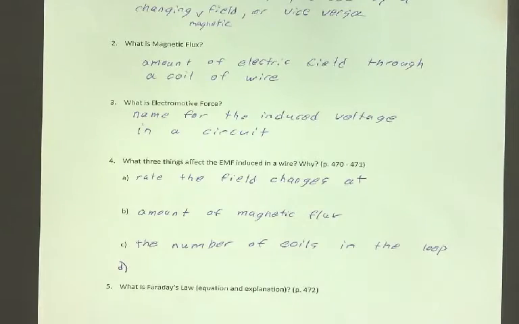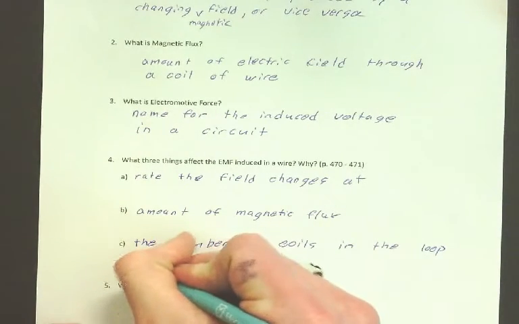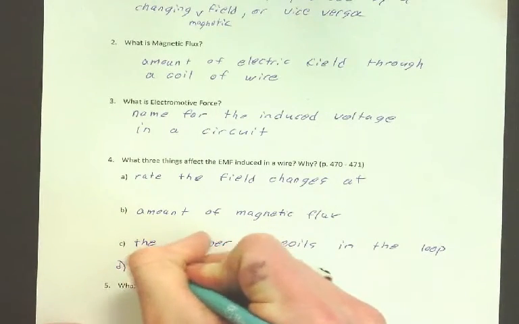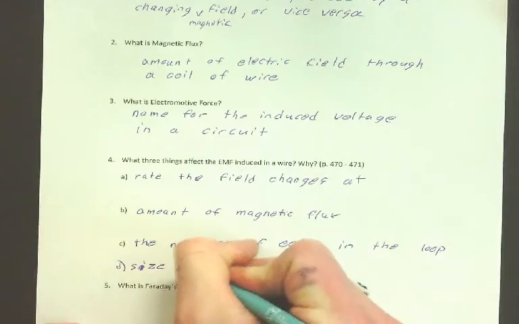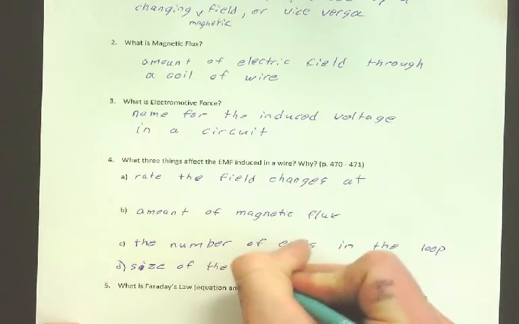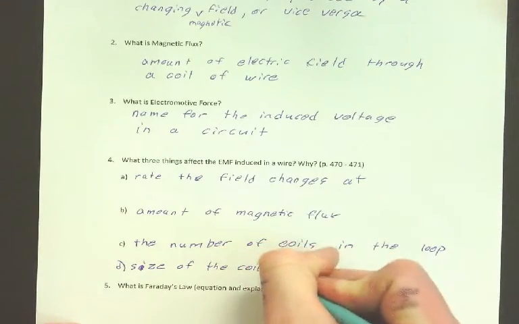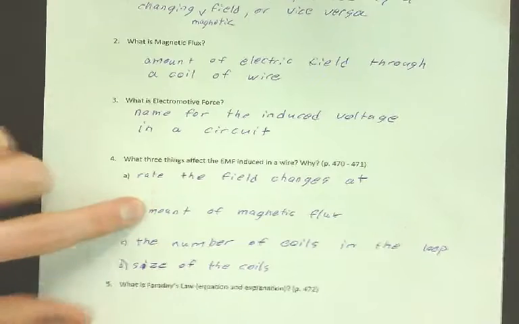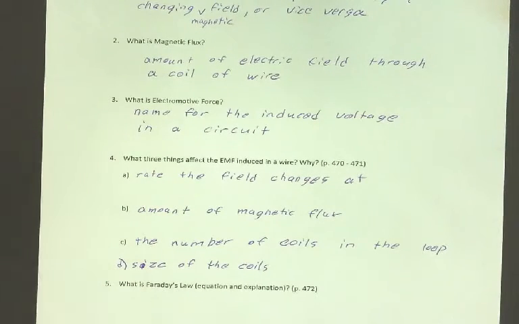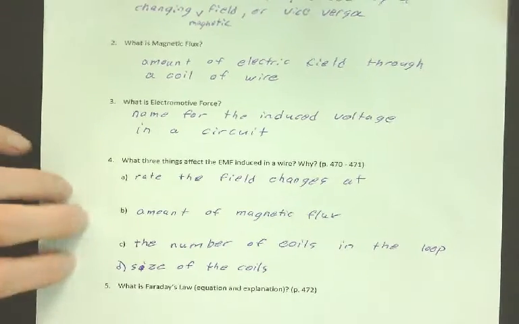The fourth thing is the size of the coils. Now that kind of affects magnetic flux in a way, but I do want to make sure to label that as a separate thing. So the 4 things, not the 3 things, are these here.